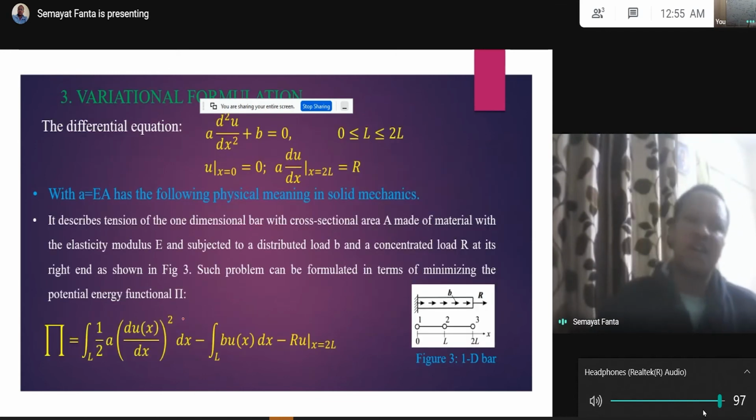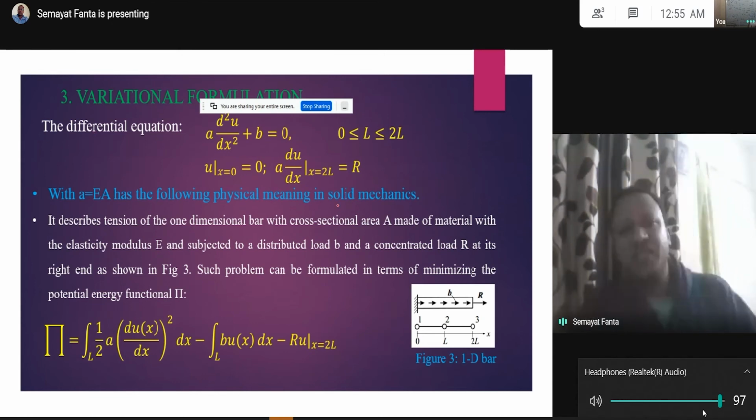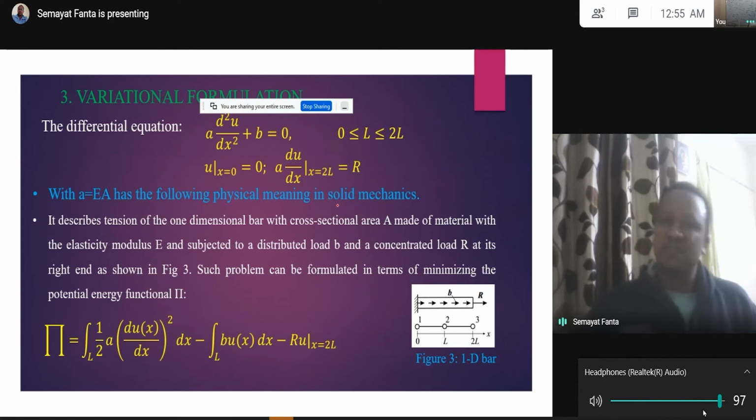Now the second one is the variational formulation. This is also one of the most important finite element formulation methods. We can use the same differential equation, with the same boundaries and the same range.